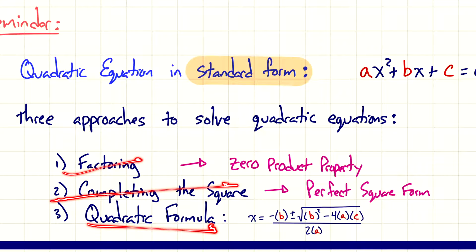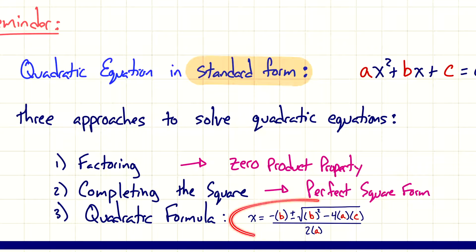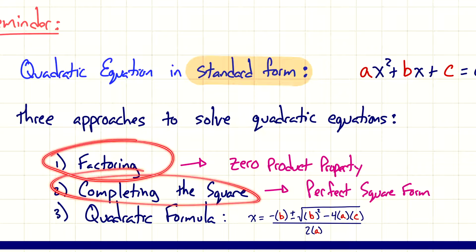So sometimes people prefer the formula because they know it's going to give you the answer. They could just plug in numbers and solve. The problem here is it's quite large, and sometimes if the numbers are kind of big, it might get intimidating, and the number of steps you have to do might be a lot more than actually factoring or completing the square.